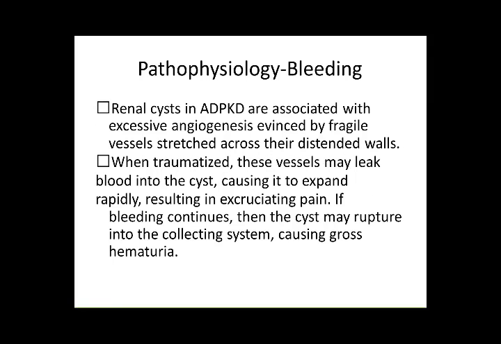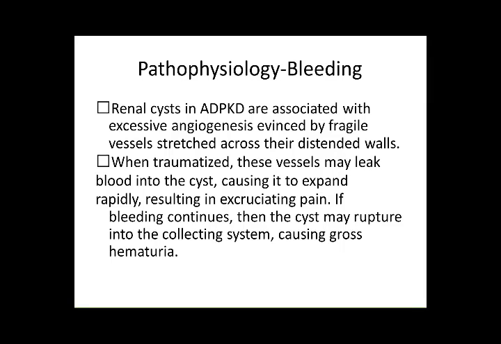The high level of fluid in the cyst leads to activation of the renal angiotensin system, and leads to excessive angiogenesis and an increase in the blood supply of the cyst.